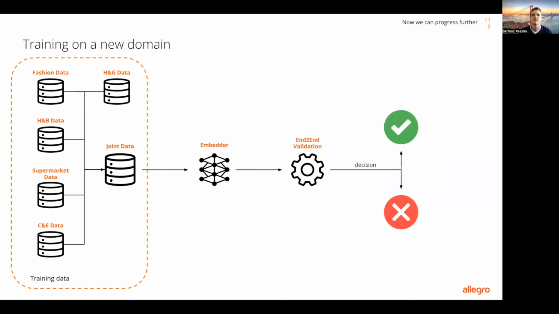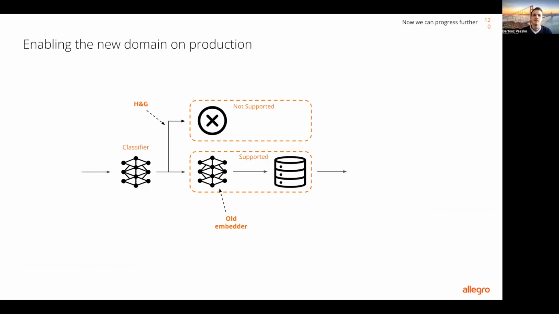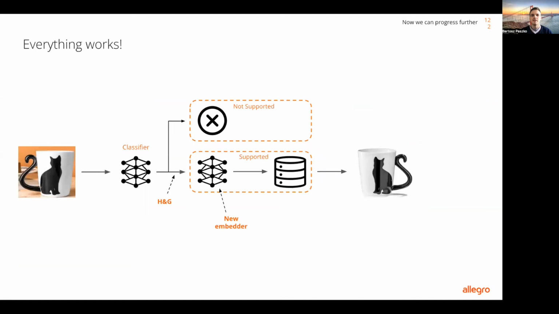It allowed us to make a decision on whether to proceed with it to production, and that is exactly what we did. Deploying it on production is as simple as changing the mapping for home and garden after classification to be supported. And of course, we still need to replace the embedder with a newer model. Like that, you can now search a lot more stuff on Allegro with visual search.